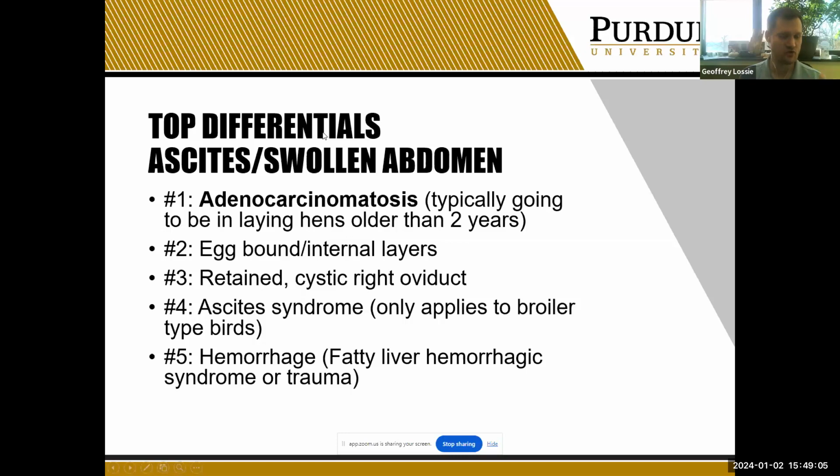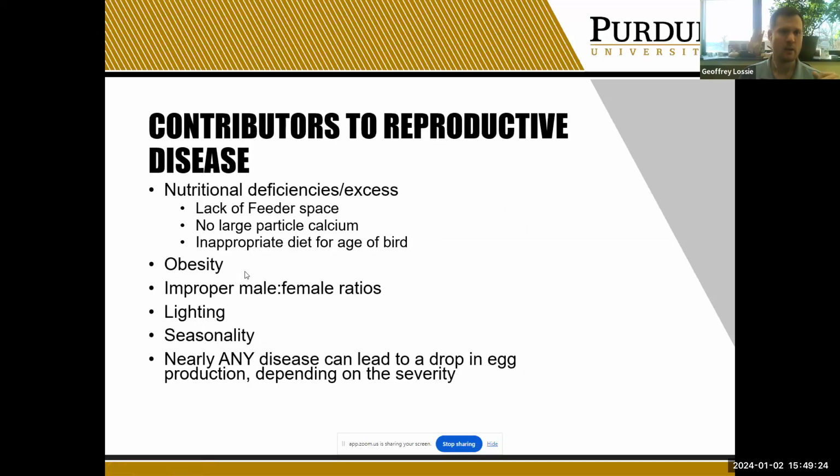If you're not 100% up on who's laying in your flock, birds can survive for months with some really, really wild, severe lesions related to the reproductive system. And we'll look a little bit more at some of those.